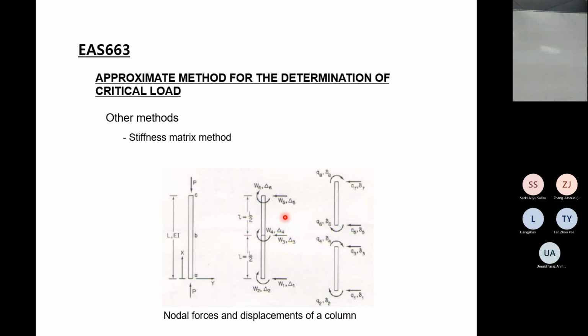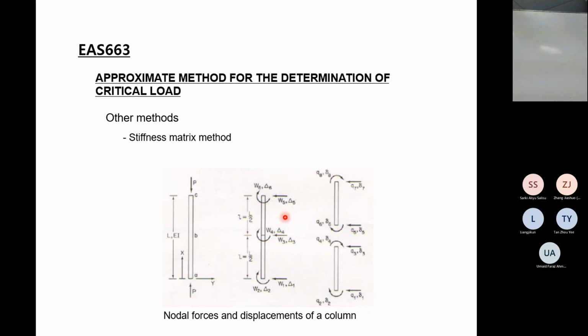And the same way, the corresponding displacement, delta 1 is the displacement in y directions, but delta 2 here will be the rotations. Delta 3, the displacement at this node here, delta 5, the displacement, but the corresponding delta 2, delta 4, and delta 6, these are rotations. Okay, so these are at structure level. Okay, the corresponding loads and displacement.